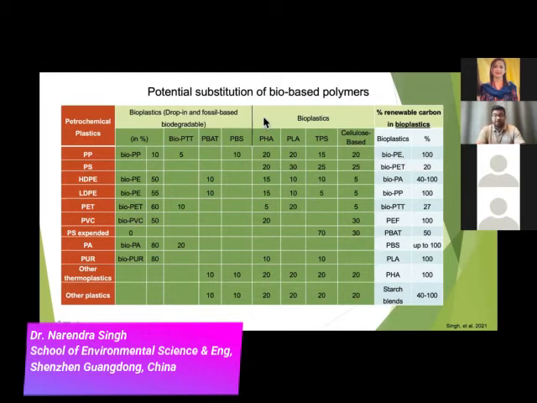But if we combine all the bioplastic currently produced, it is possible to totally switch from petroplastic. It may take time, but it is possible. It's not like 20 years back when people said it's not possible. This is the old data we are working with, and we found that it is possible if we combine them all.